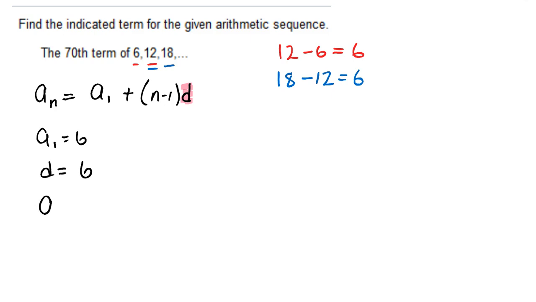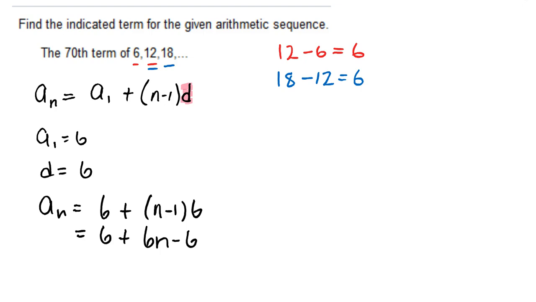So the nth term of this arithmetic sequence is 6 plus n minus 1 times 6. With a little simplification, we get 6n minus 6 plus 6, and combine like terms to get 6n.